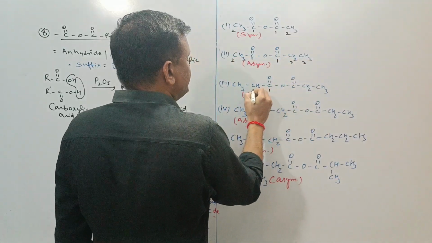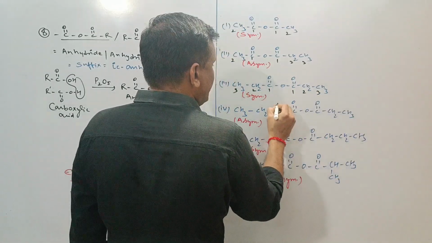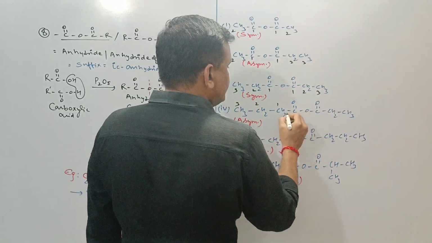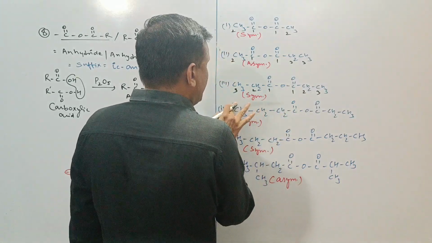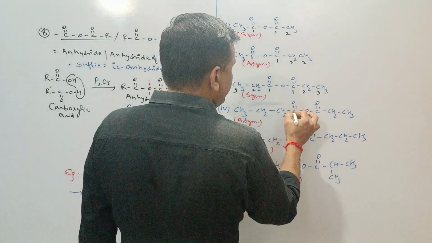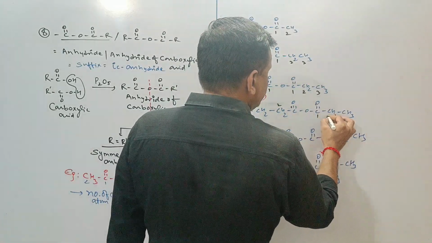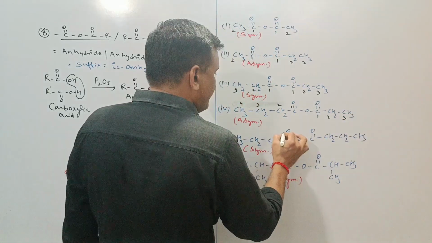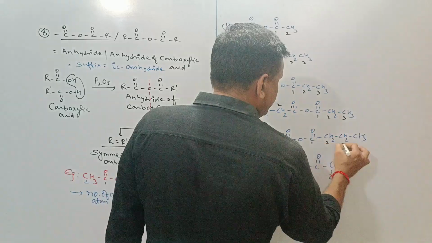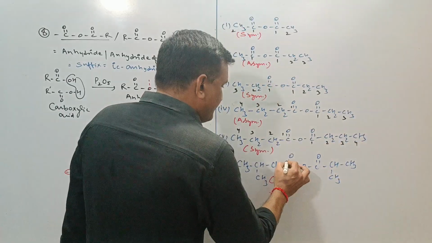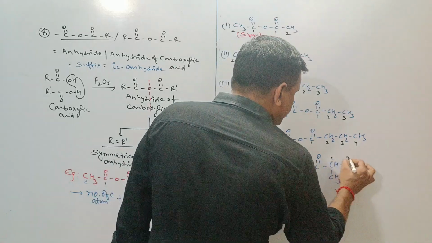Sorry, the counting will be from the carbon of CO. So this will be your 1, 2, 3 and 4. This will be your 1, 2, 3. This is your 1, 2, 3 and 4. This is your 1, 2, 3.